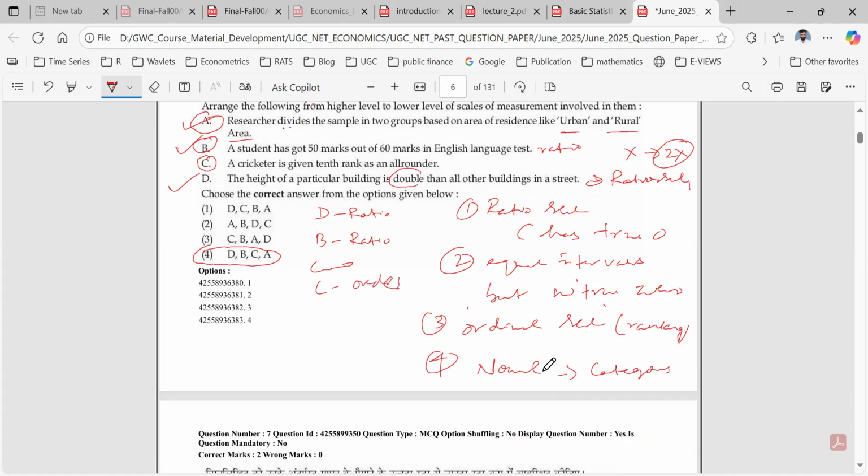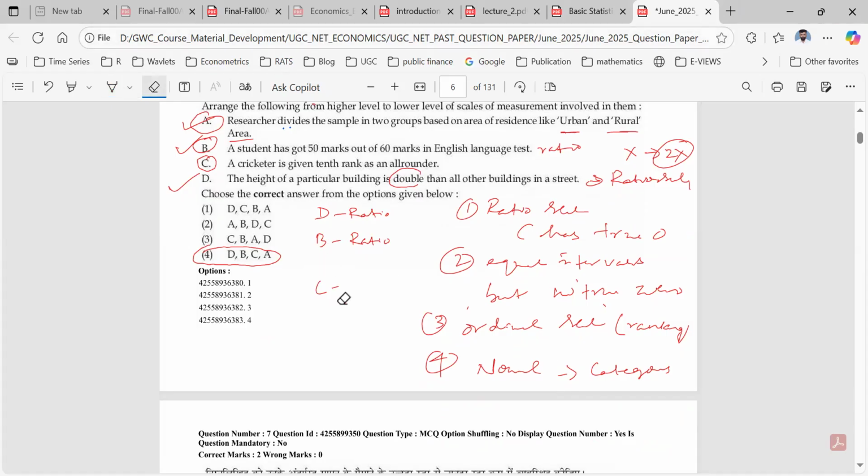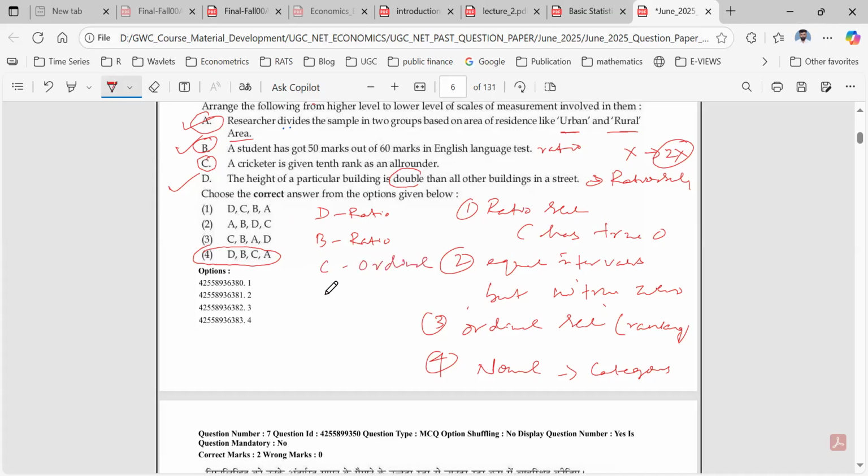So C will be ordinal. Then A. What will be A? Nominal scale. Very good, excellent. So is it clear? So the answer is DBCA.